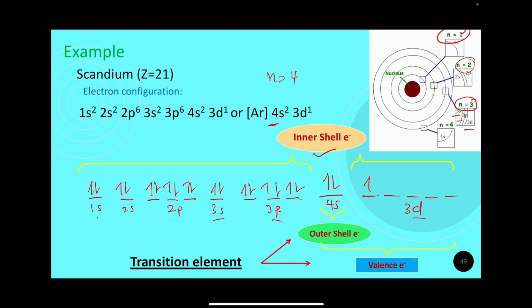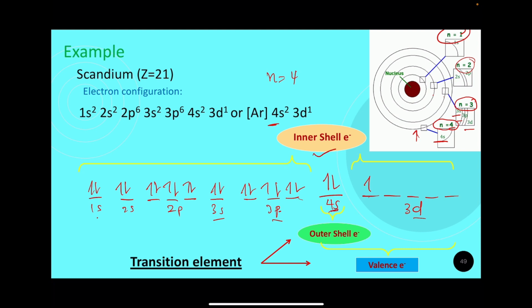How about the outer shell? The outer shell is the outermost shell. For scandium, since the largest energy level is n equal to 4, the outer shell is n equal to 4. When n is equal to 4, there is only the 4s orbital.